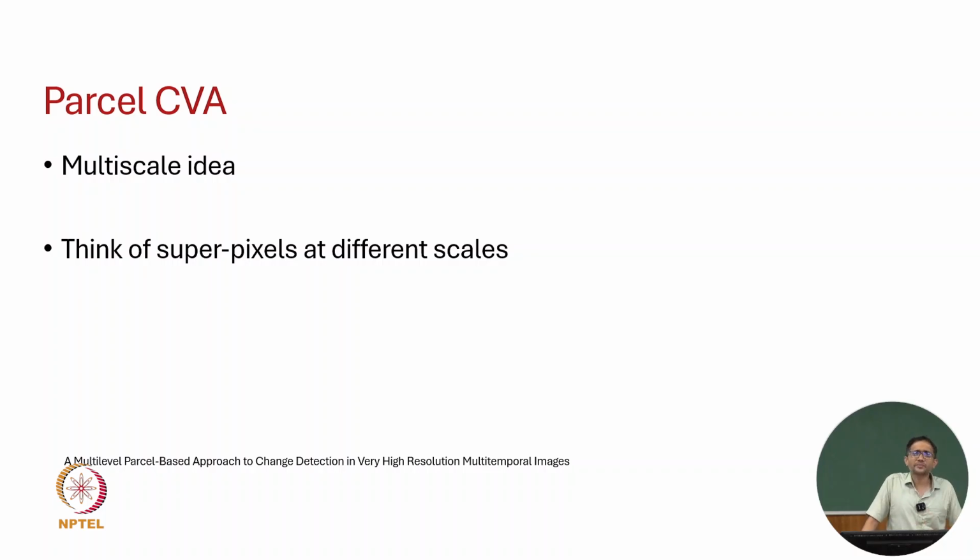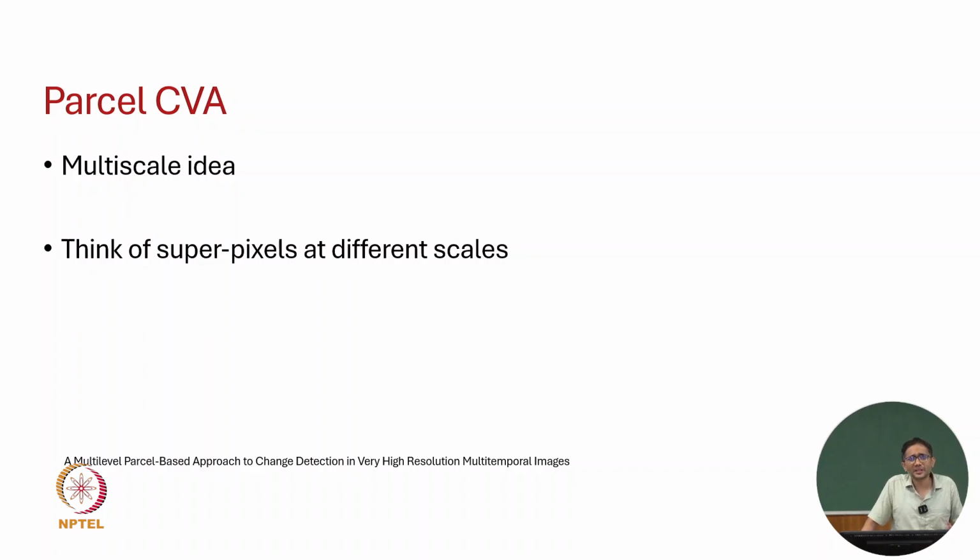This paradigm pushes us towards things that we will be discussing later when we talk about deep learning, not just for change detection, but also for semantic segmentation and many other problem statements.